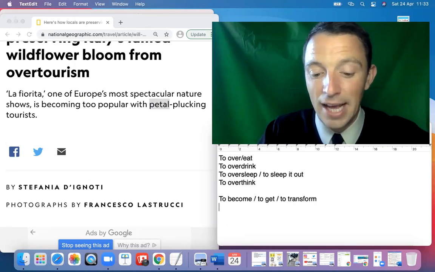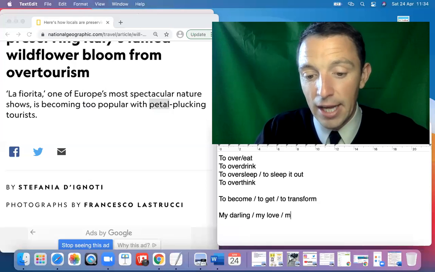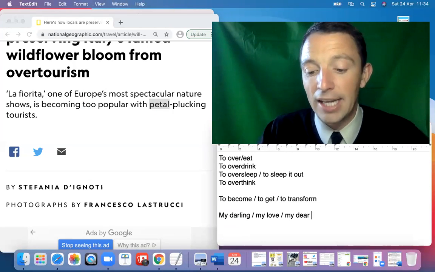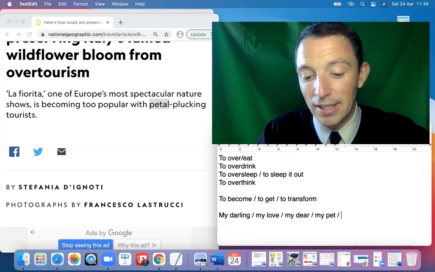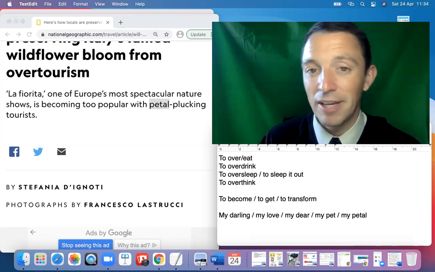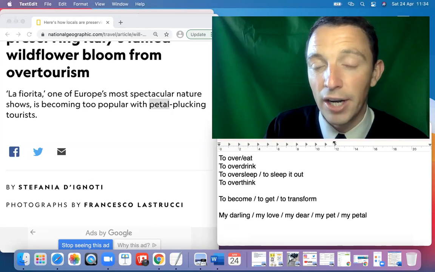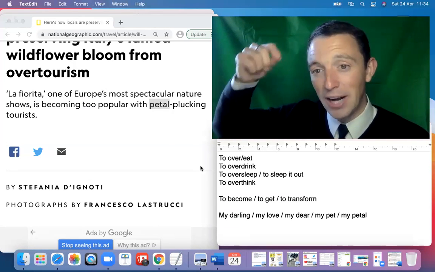So it is possible to say my darling, my love, my dear, mi amor in Espanol or Portuguese, my love. And then it's also possible to say my pet or my petal. And that is possible. The significance is like my darling or somebody that you really love or care for. Okay, so petal is that significance of the flower. It's part of the flower.